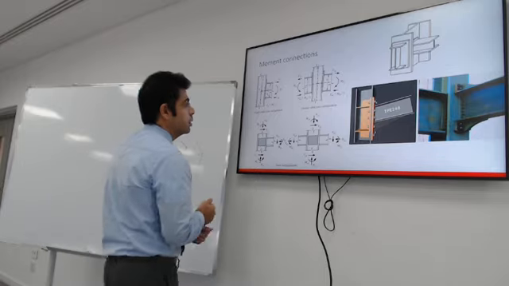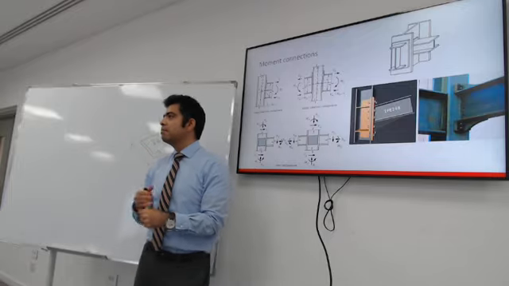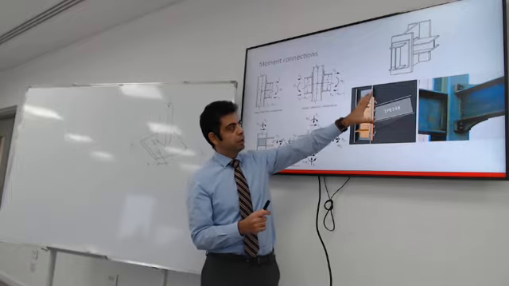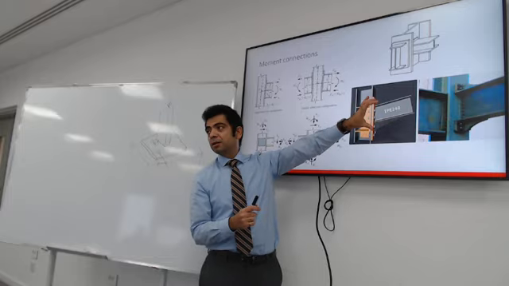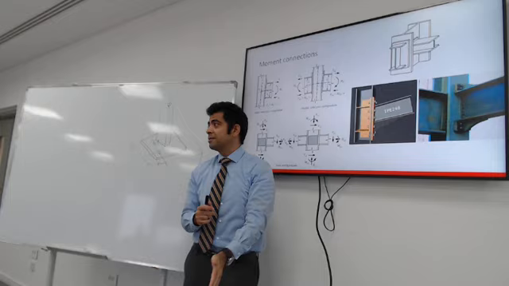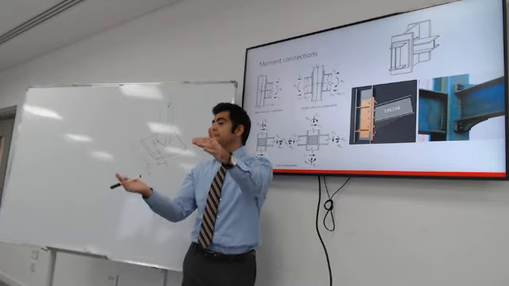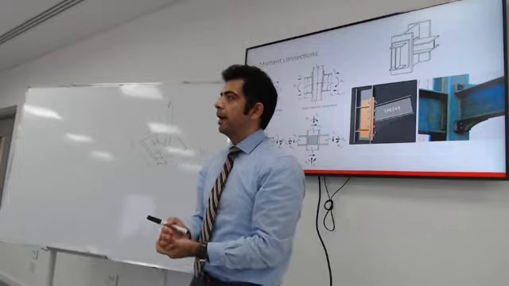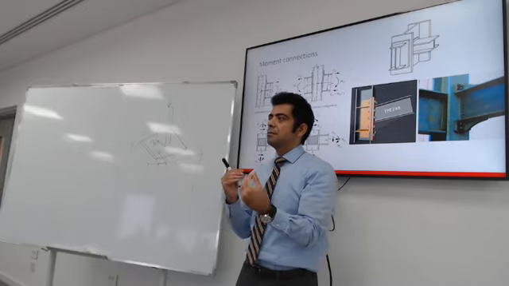I want to share with you how you can actually design a moment connection. We talked about how moment connections will fix the rotation, and it will provide bolts or welds, if it's a welded connection, above and below the beam. So how do you analyze a connection to resist moment?